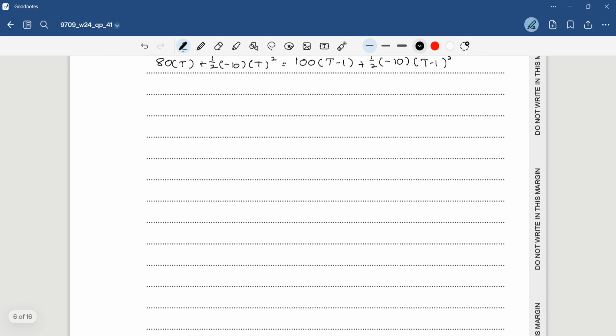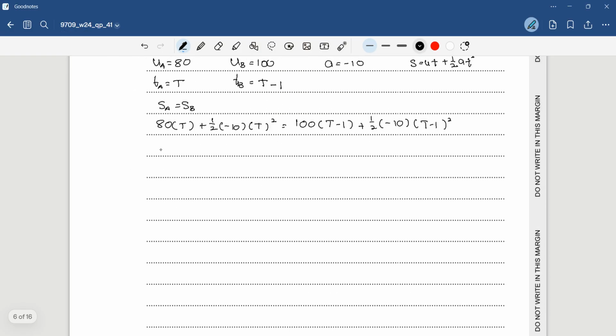Okay, so we simplify this, you'll get 80T minus 5T squared is equivalent to 100T minus 100 minus 5T squared plus 10T minus 5.